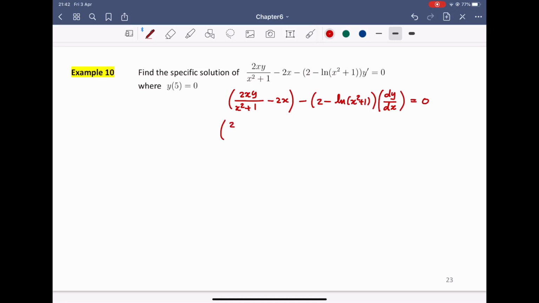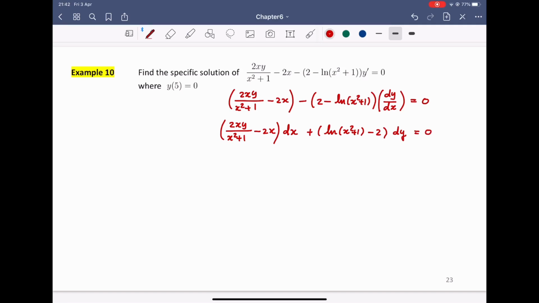So I am going to have 2xy over x squared plus 1 minus 2x dx, and, well, let's change it to plus, plus the logarithm of x squared plus 1 minus 2, and then dy equal to 0.